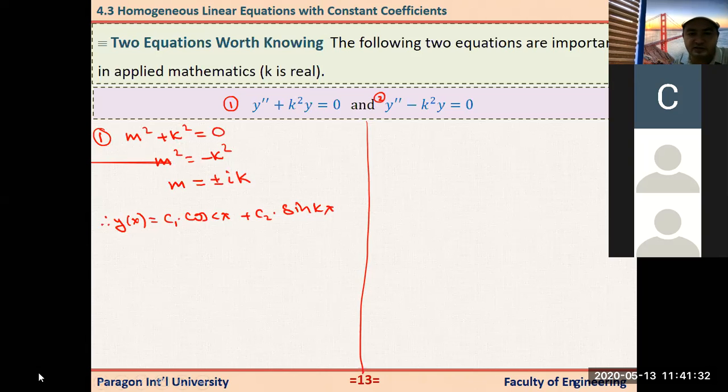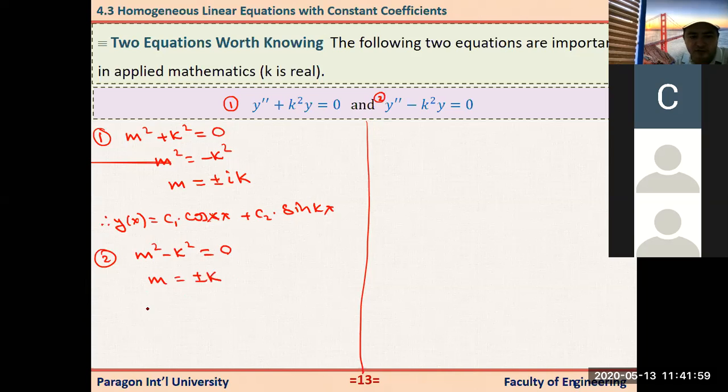Next time, if you see this equation, we don't have to solve it. Immediately write that it is cosine of kx plus sine of kx. How about the second one? If you solve the second equation, we have m squared minus k squared equal to 0, so m equals plus minus k.